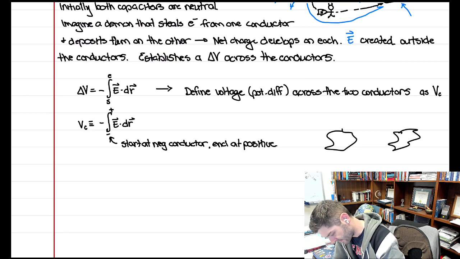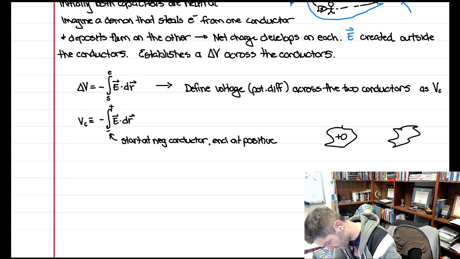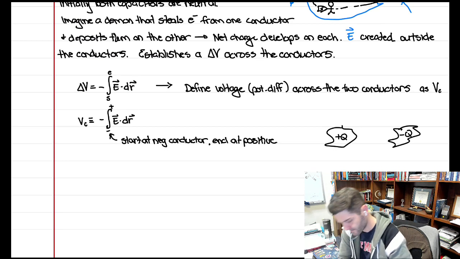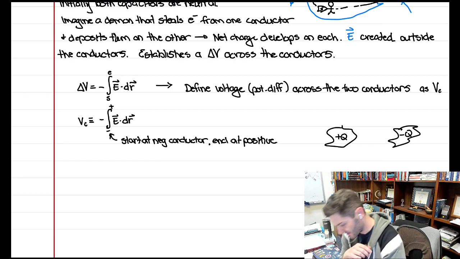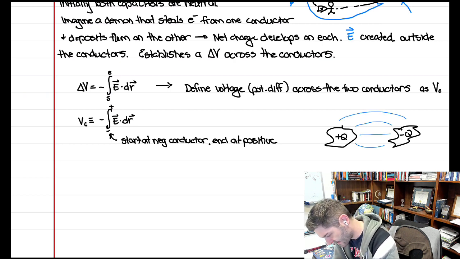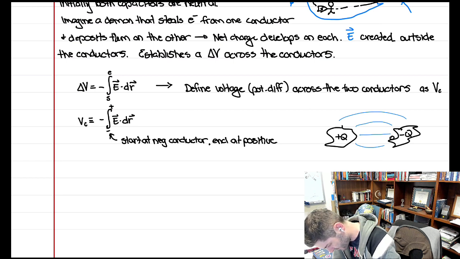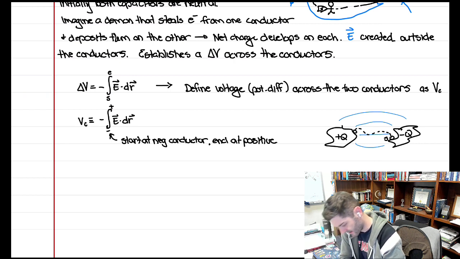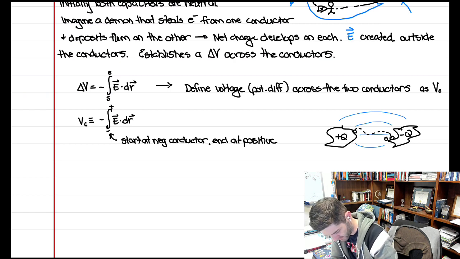So let's see, if we call this plus Q and this is negative Q, and there's some electric field kind of in between them. I could start somewhere in the negative conductor, so maybe I start here, and I take some sort of walking path that gets me to the positive conductor at the end.